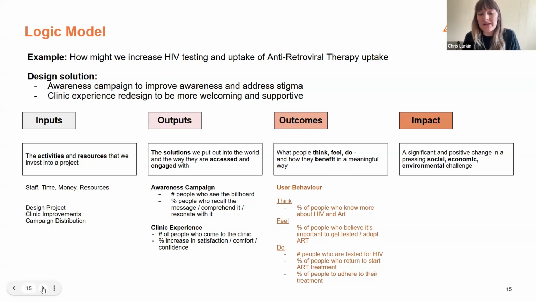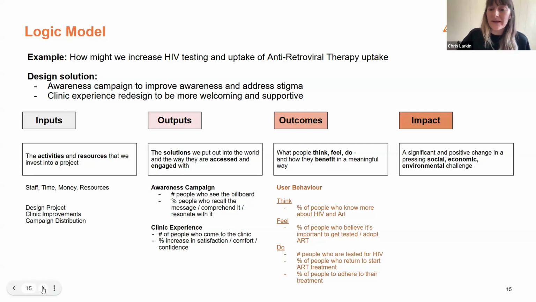And another do, maybe a longer term look at, well, what percentage are adhering to their treatment? And again, part of what you've designed maybe to help that adherence. So someone comes back and gets the treatment, but they actually continue to come back and have a prescription updated or continue to engage in clinic engagement.